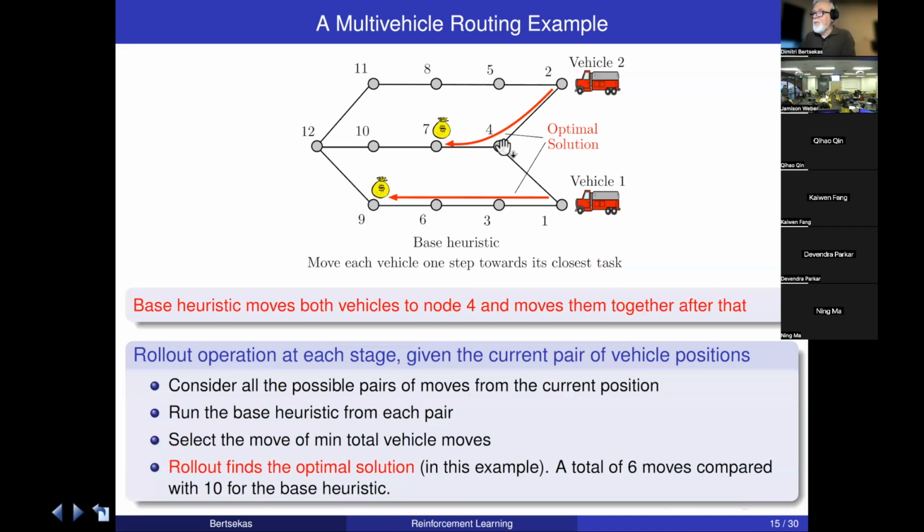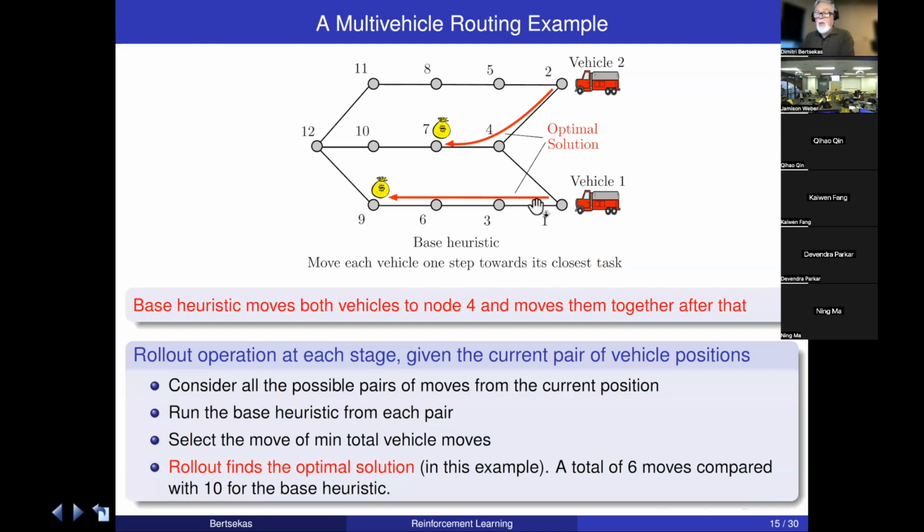Okay, so what is the base heuristic calculating from any point? What's the function it is calculating? It finds the closest task, in terms of number of hops, and then moves each vehicle 1 step towards that task.